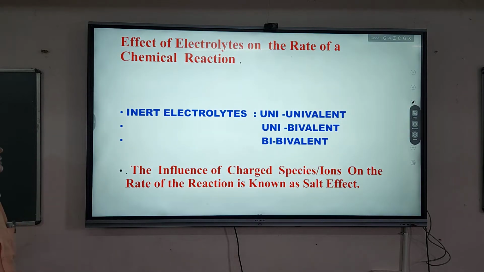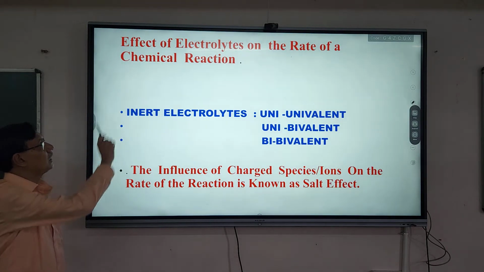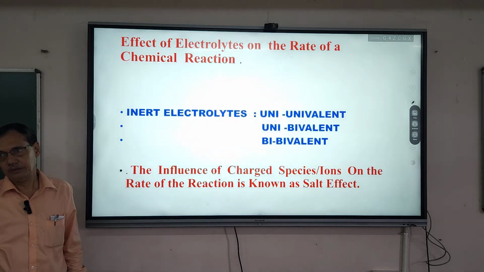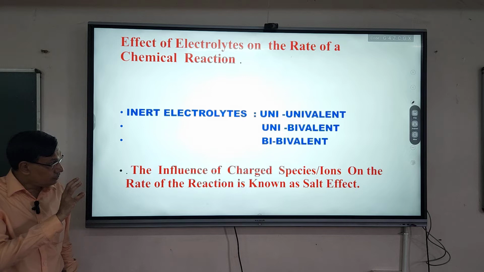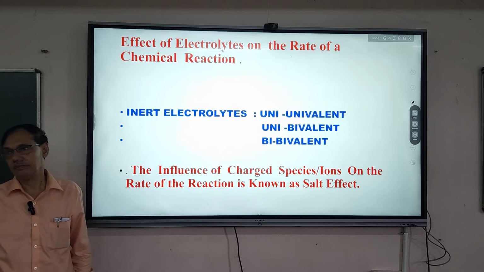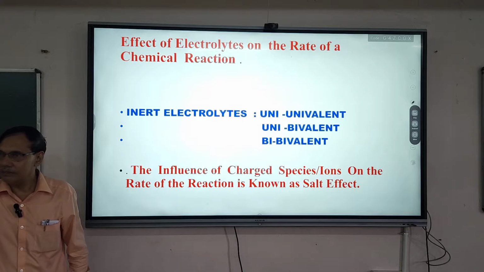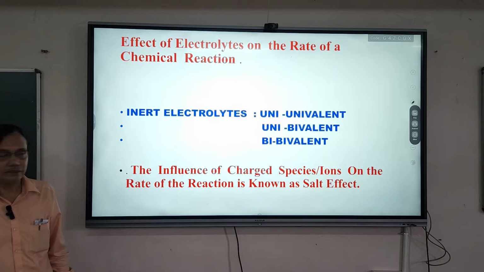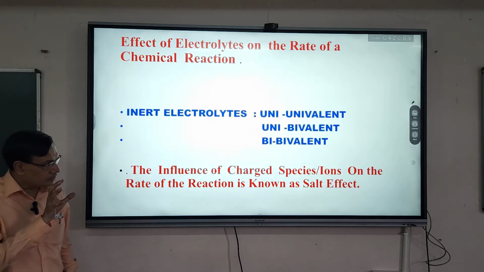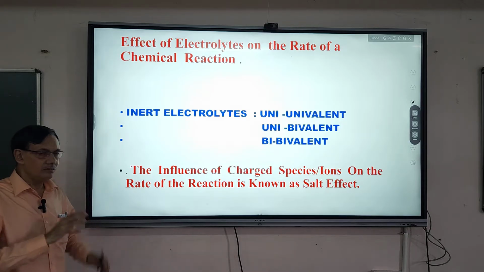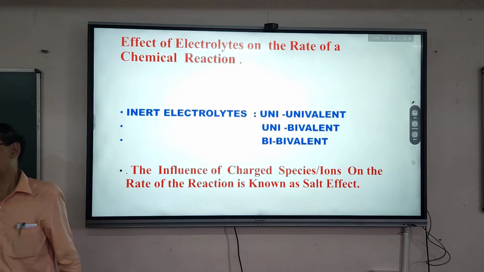So I can call it the effect of electrolytes on the rate of chemical reactions. That means particular ions, suppose potassium ion K plus, chloride ion Cl minus, sulfate 2 minus, perchlorate, nitrate. So such charged species definitely affect the activated complex.